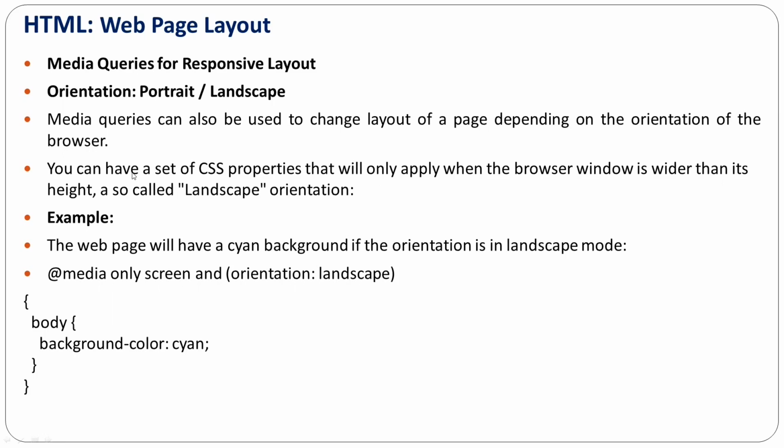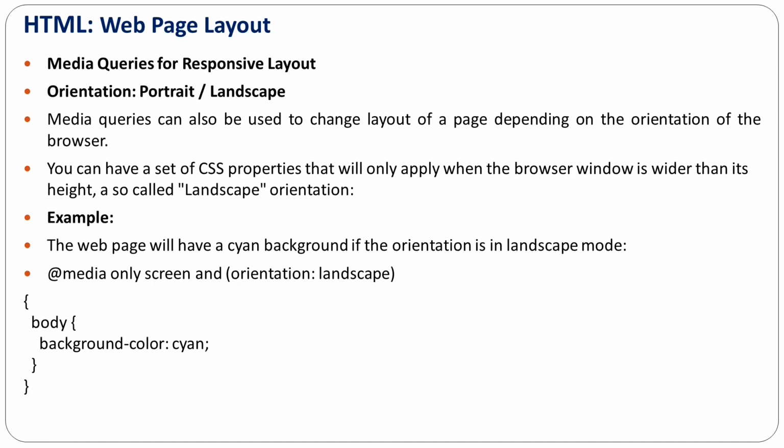Media queries also have an orientation property, that is portrait and landscape. Media queries can also be used to change the layout of a page depending on the orientation of the browser. You can have a set of CSS properties that will only apply when the browser window is wider than its height, so-called landscape orientation.